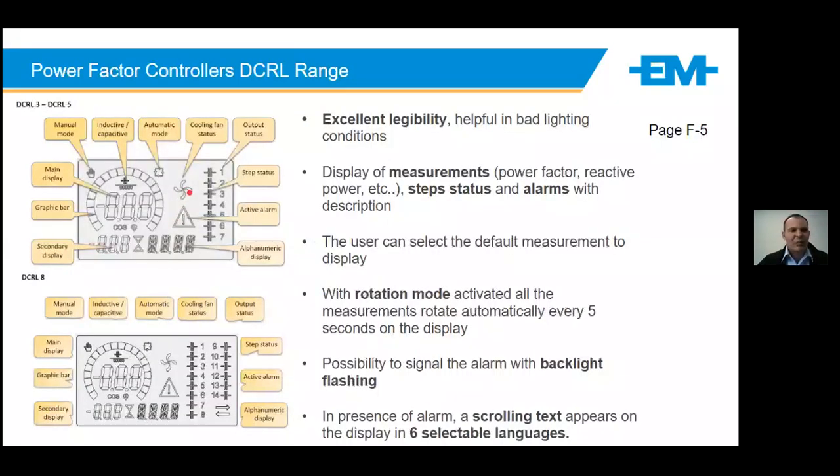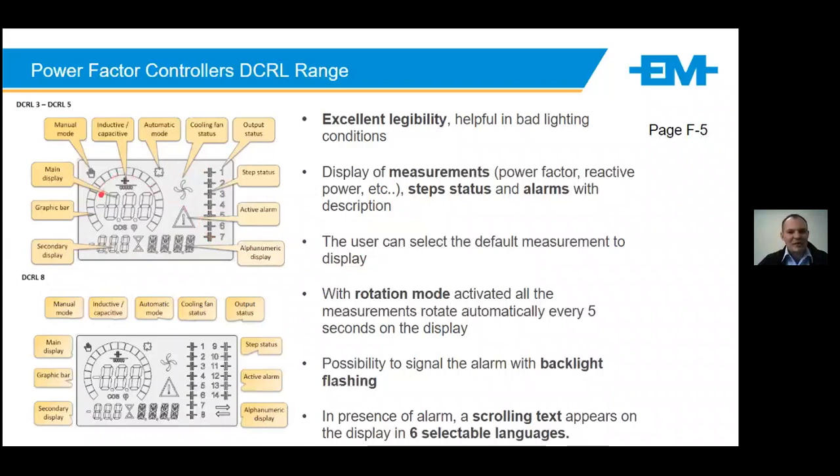Quite important, the more useful component on the controllers is what can it display to me? What are the statuses of my controller? With the screens provided by the DCRLs, you can see your power factor, where it's at, and your reactive power steps. We've got the status of our steps to tell me which bank has been stepped in.